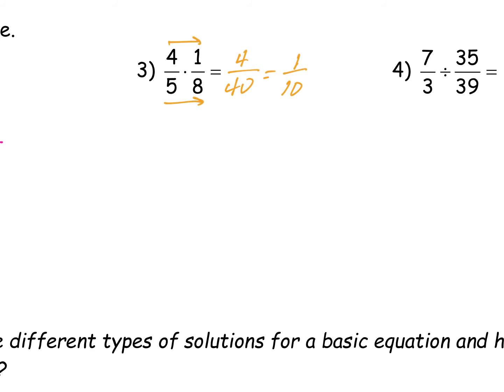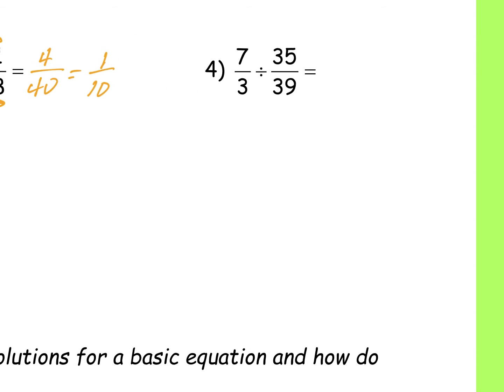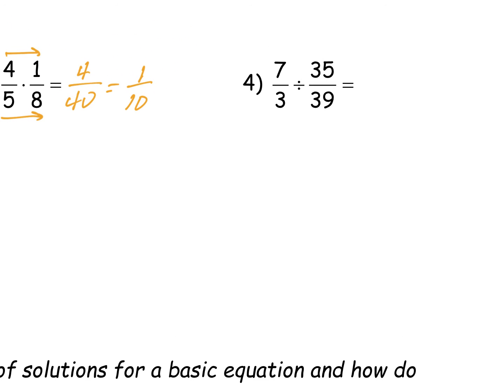Beautiful. And how do I divide fractions? I'm going to take the reciprocal. And what is a reciprocal? Great. I flip it, and then it becomes a multiplication problem. I'm going to simplify before I multiply. You can multiply first and then simplify, or simplify and then multiply.